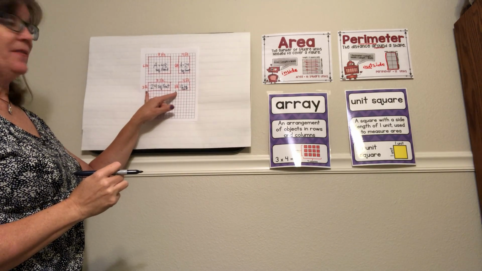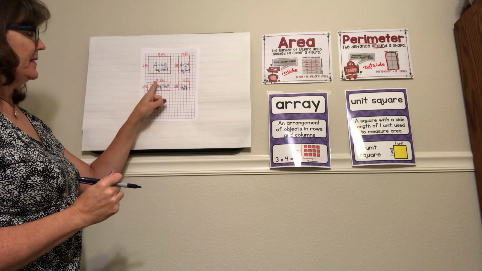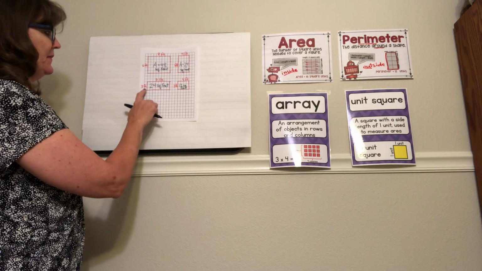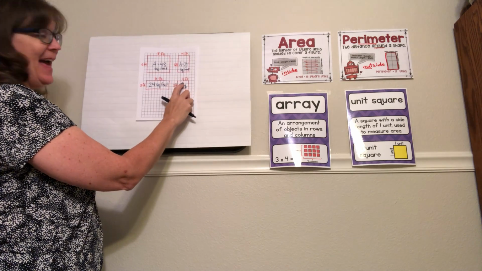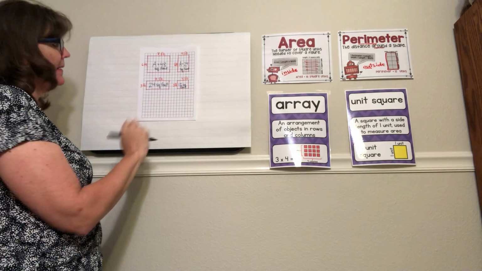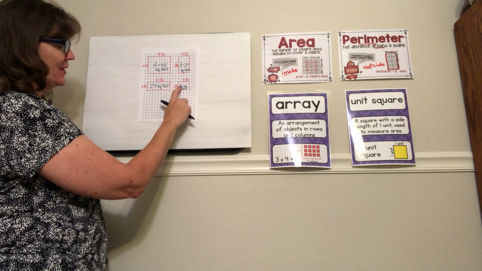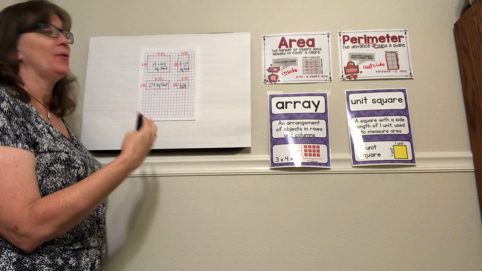Now I notice the length is the same for both of them, 3 feet. The width is half of what the width is here. My area is 24 square feet. Half of 24 is 12 square feet. So I'm looking for patterns.